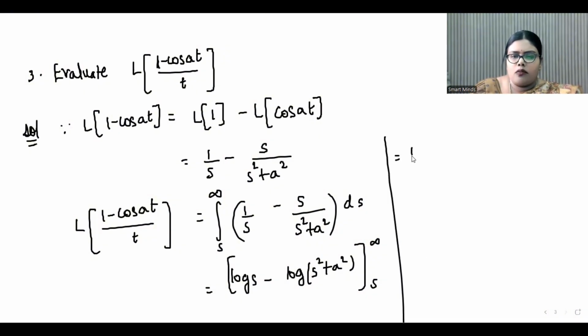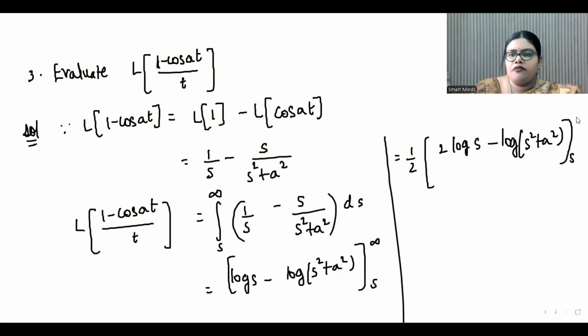So that is 1 by 2 into 2 log s minus log s square plus a square from s to infinity.